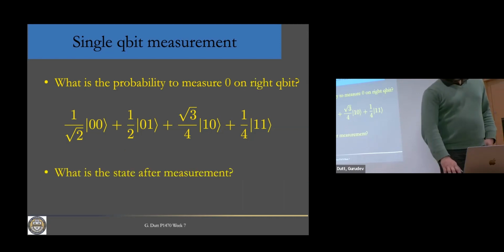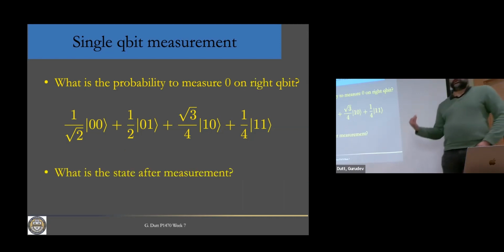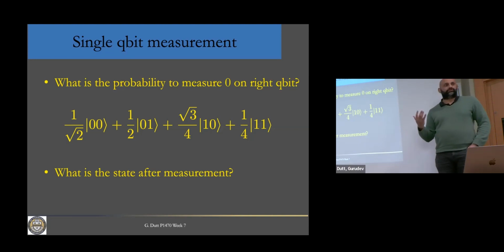Now, I asked you to go back and check this. What happens if instead we chose to measure the right qubit first and found it to be in the state 0? Did anybody carry out that calculation?